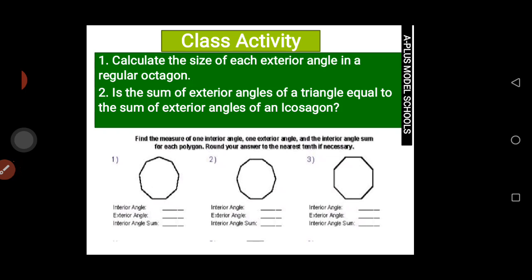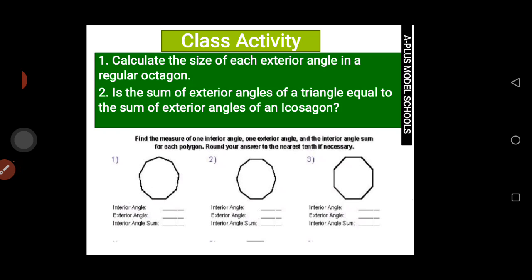And the third question here is, find the measure of one interior angle, one exterior angle, and the interior angle sum for each polygon. You look for the sum of the interior angles of the polygon. Then you can round off your answer to the nearest tenth if it is necessary. So you can see the shapes there.